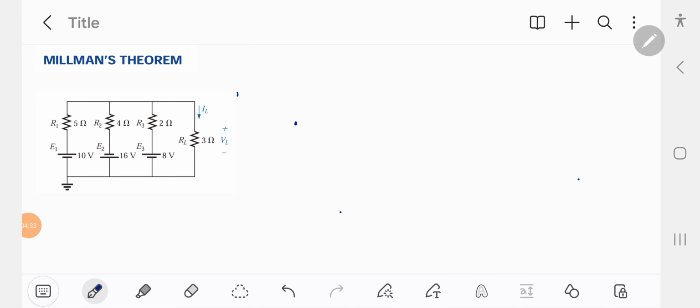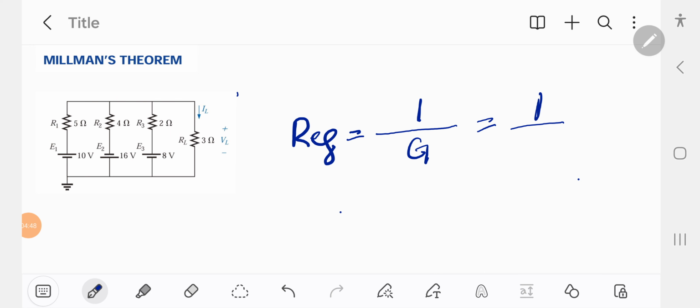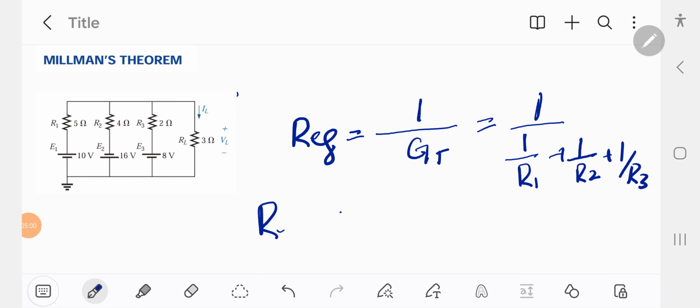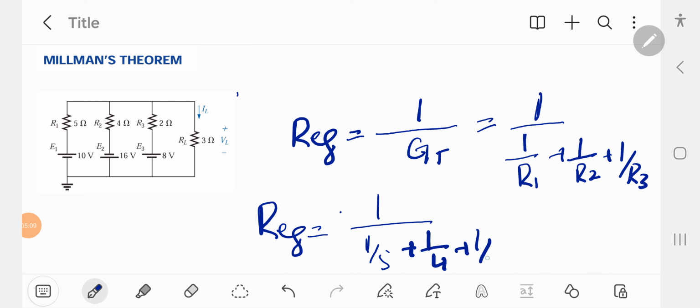For the second term, which is a resistance, it is equal to 1 over 1/R1 plus 1/R2 plus 1/R3, which is equal to 0.95 siemens.